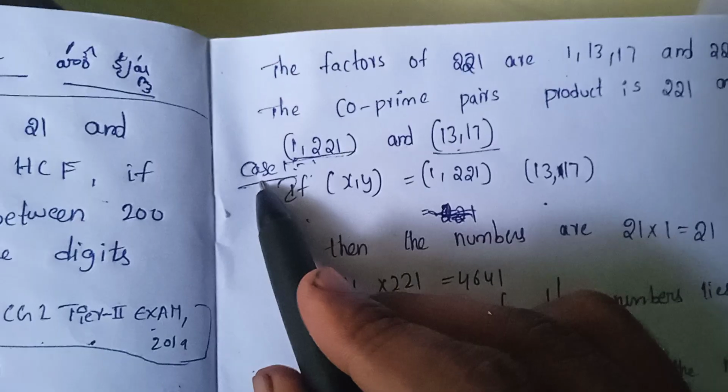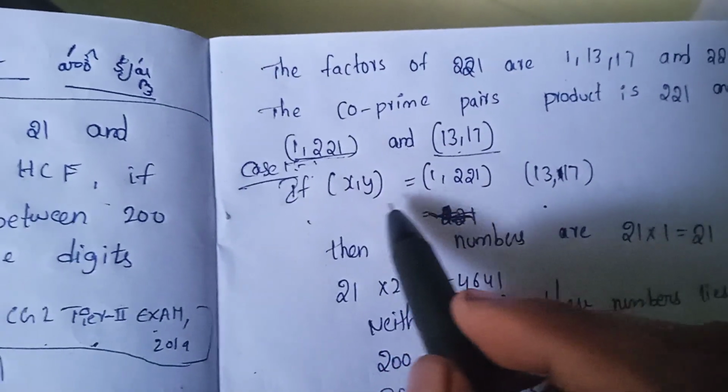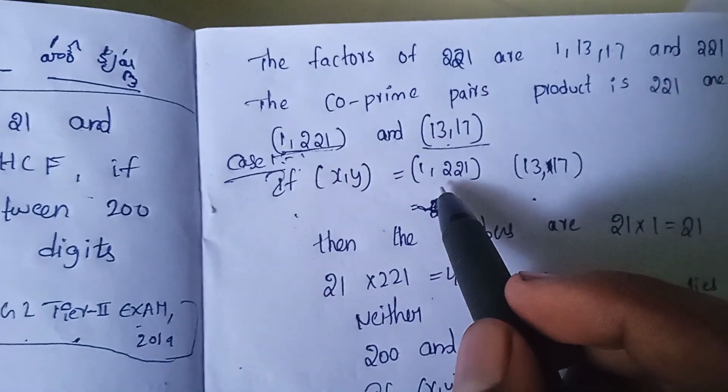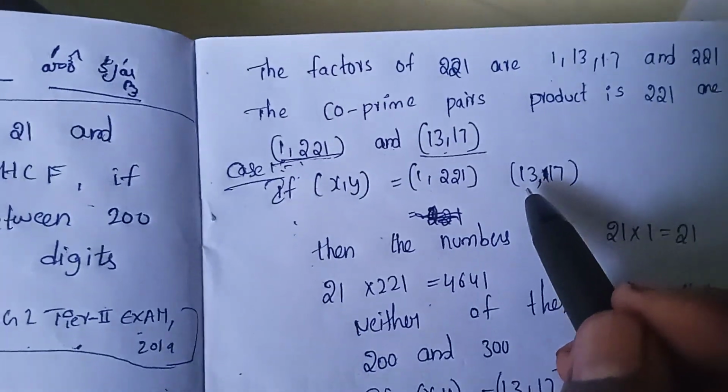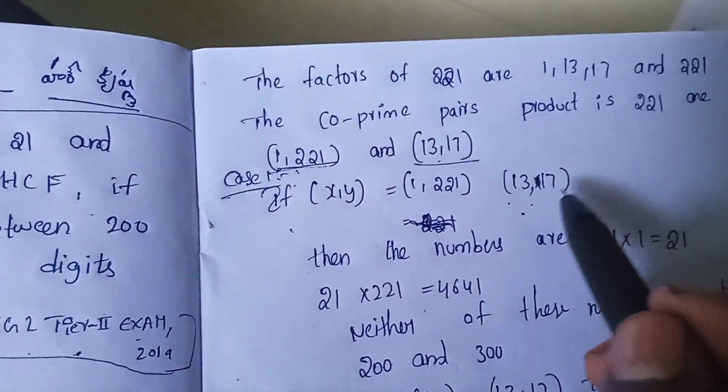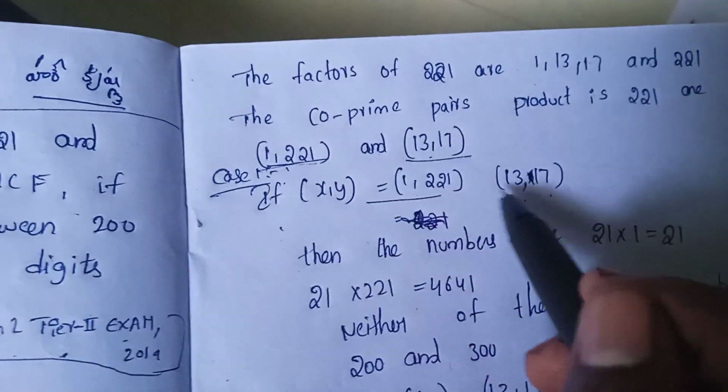Okay. Case 1: if x comma y is equal to 1 comma 221, and the other pair is 13 comma 17. This is case 1, this is case 2.